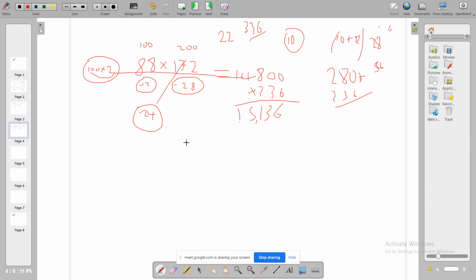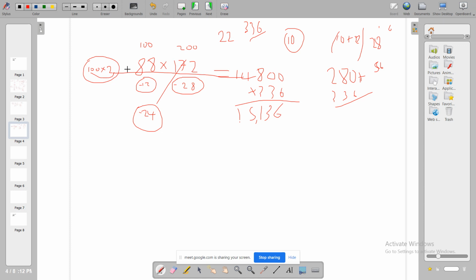Are you done? The 280 and 331? No, I wasn't doing 3. I did this 56 plus this. That will give us the 3. We are just multiplying this. So 280 plus 56 gave us 336.